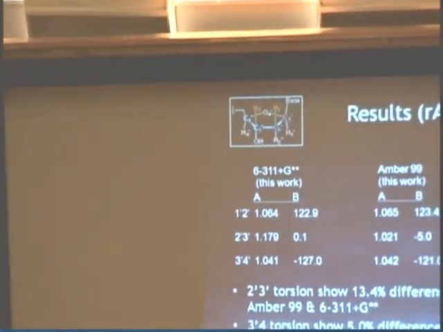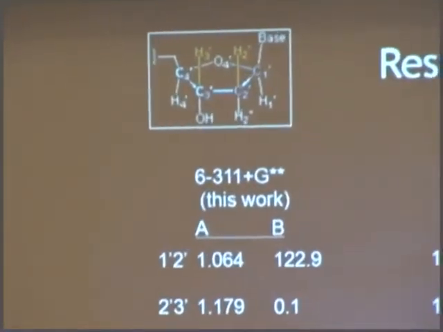What that means is that if there's a 2', 3', those are the carbons that are there. You can see them in the blue. So if there's a 2', 3' torsion, it's connected to the first carbon, carbon 1, carbon 2, carbon 3, and carbon 4. That's the endocyclic or the ribose ring angle. The proton angle would be the hydrogens connected to that second and third carbon. So H2, C2, C3, and then H3.